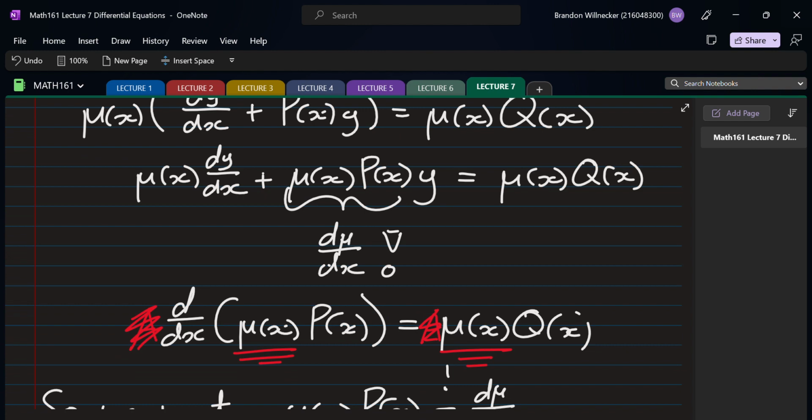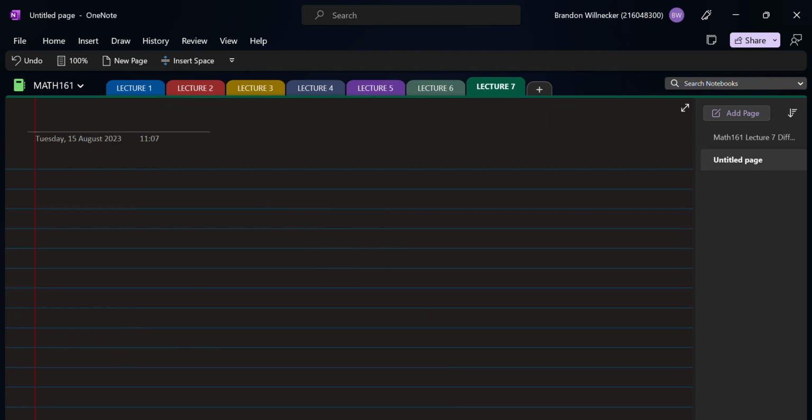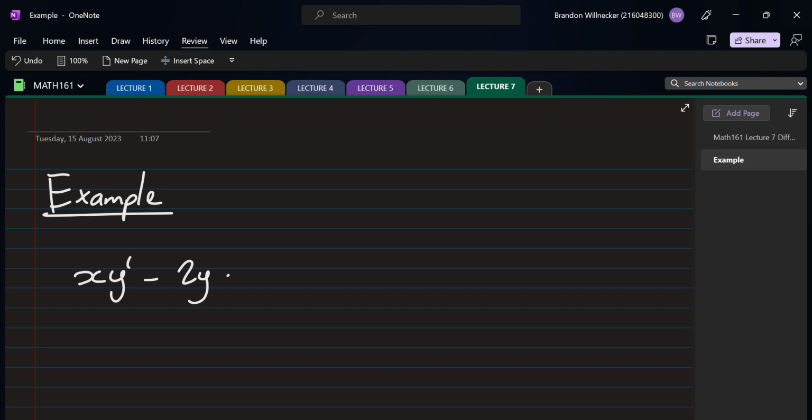Okay, let's have a look at an example of this. So we have xy prime minus 2y is equal to x squared. Now this is not in standard form.